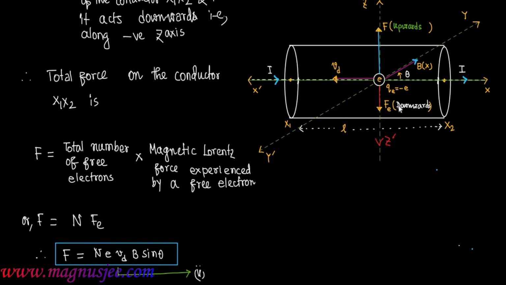That means the force experienced by the conductor will be equal to the magnetic Lorentz force experienced by N number of free electrons. Now F equal N E Vd B sine theta.